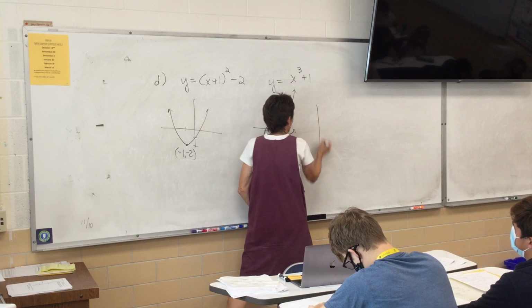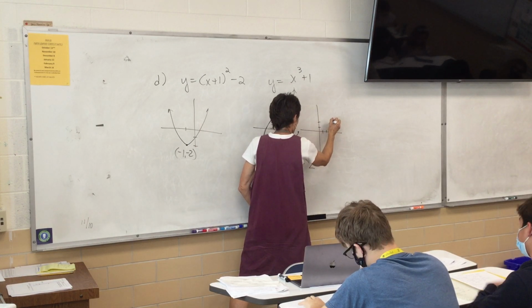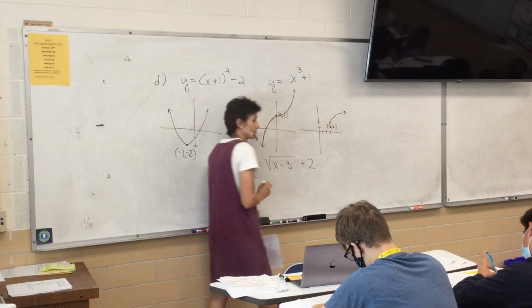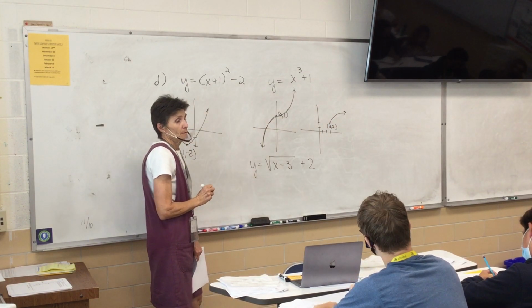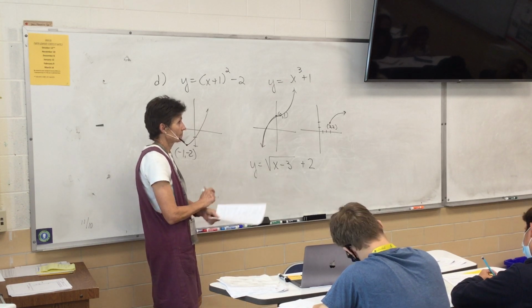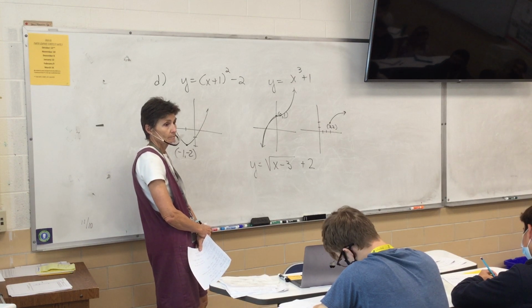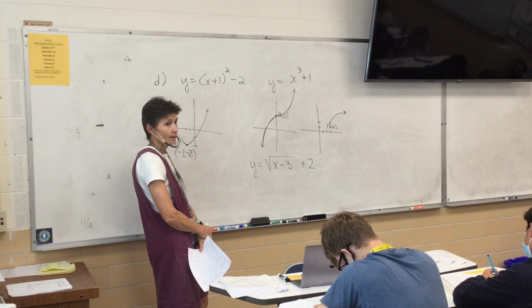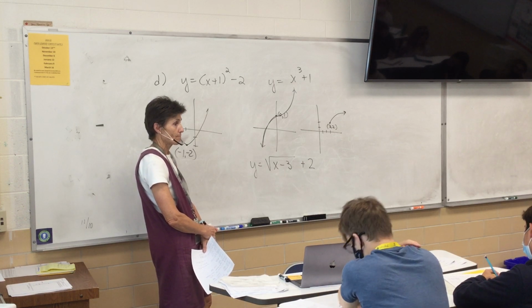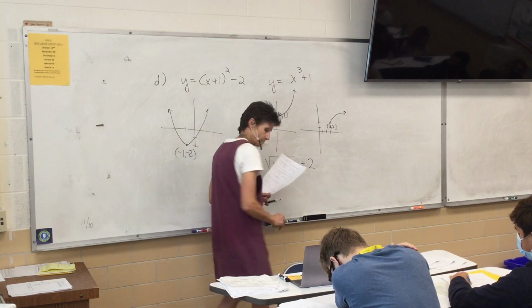So right 3 and up 2, and then it's the square root shape. Is that all right with everybody? Okay.